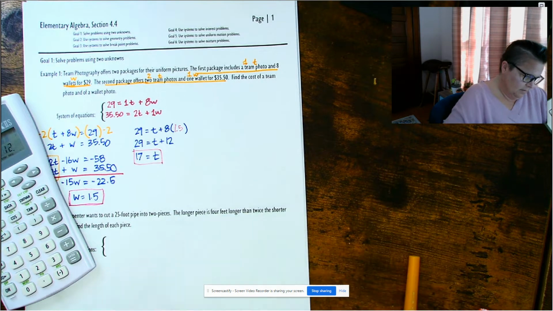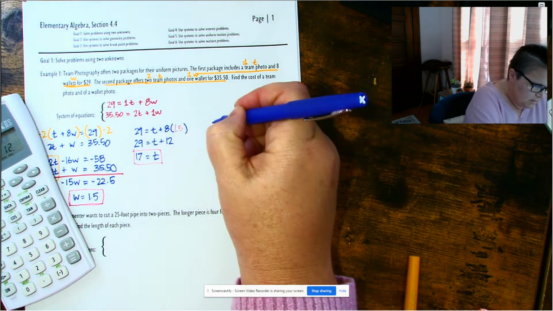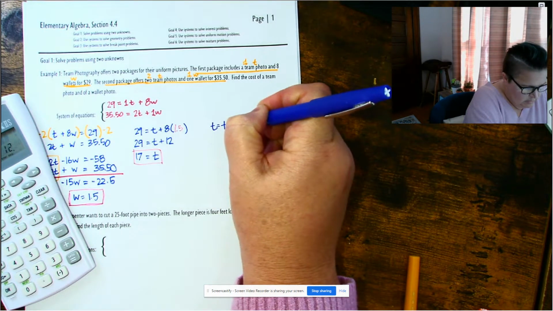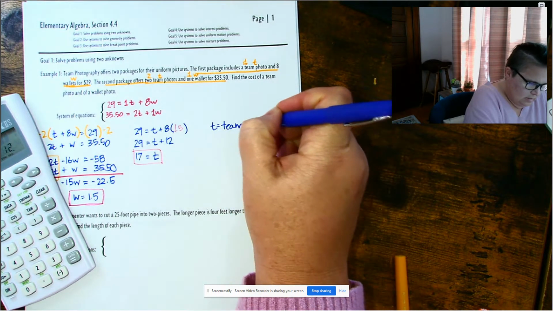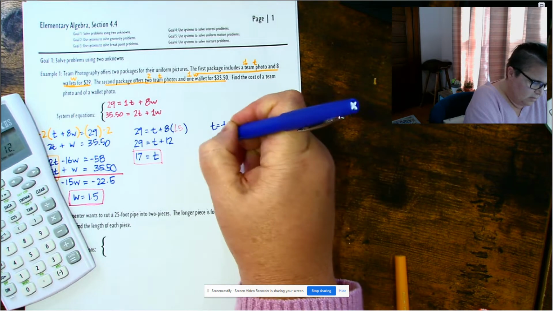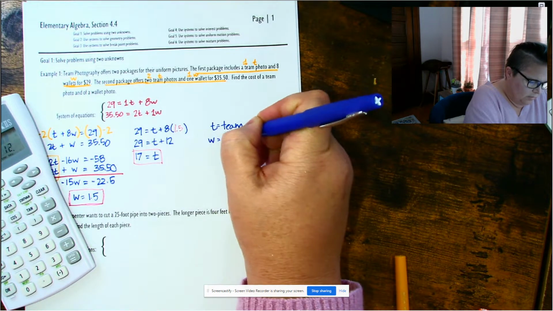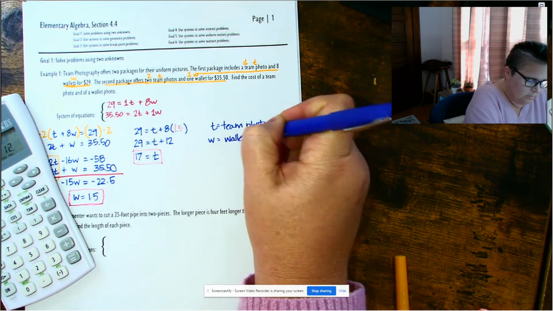All right. Find the cost of a team photo. Okay, so T was the team photo. Just as a reminder, W was the wallet photo.